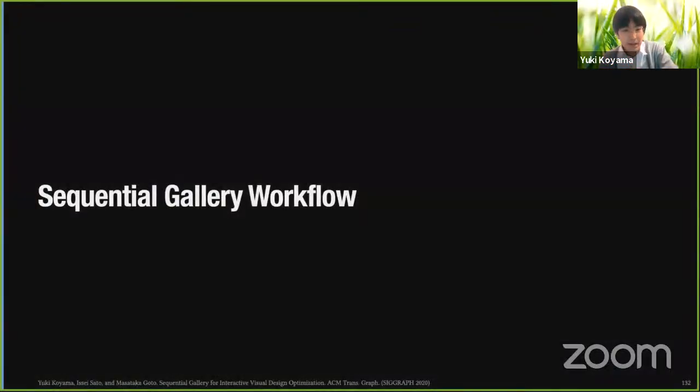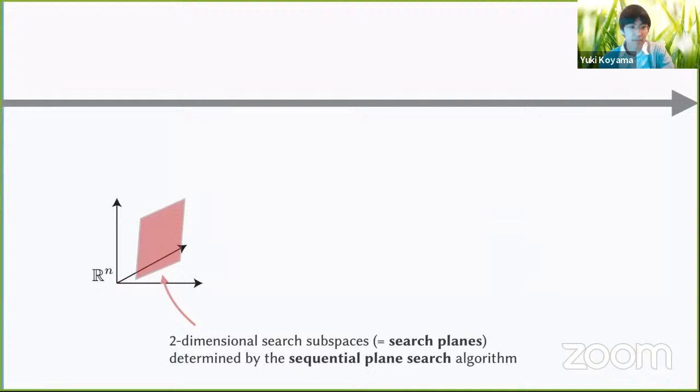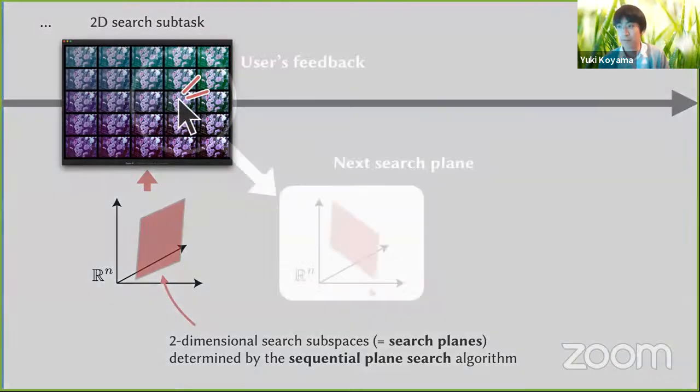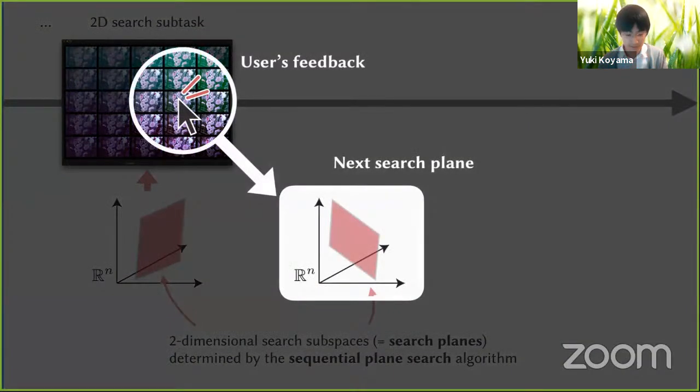Now let me explain the workflow of the system. Suppose that this is the 2D subspace that the algorithm determines. Then the system asks users to select the best one from the grid. Based on this preferential feedback data, the algorithm determines the next plane.